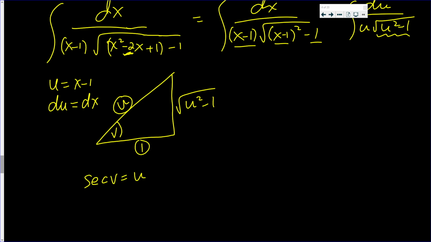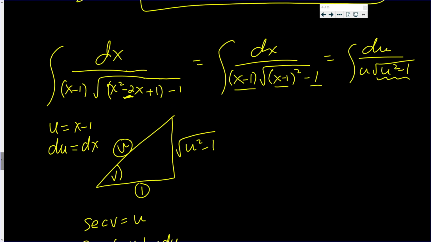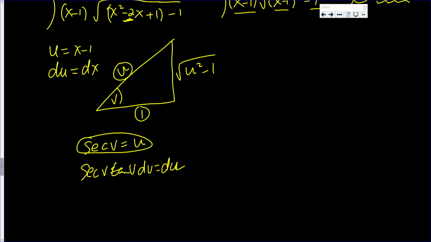That's what I like, because then secant v tangent v dv is du. And I love having du because I always have du. Okay, and now I have u as well. That's secant v.